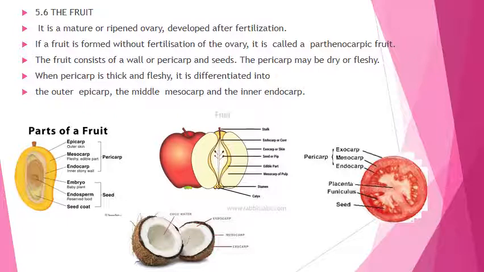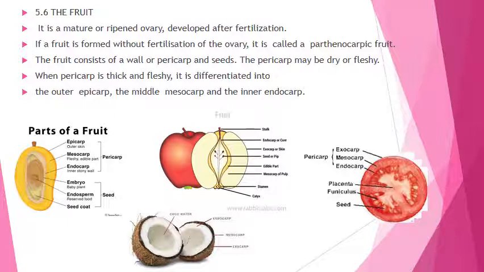The epicarp we cut and throw away, and we eat the mesocarp, and then the inner side has the endocarp, which we call guthali. These three are the parts of the pericarp, and inside the endocarp are the embryo, endosperm and seed coat. This part is called the seed.